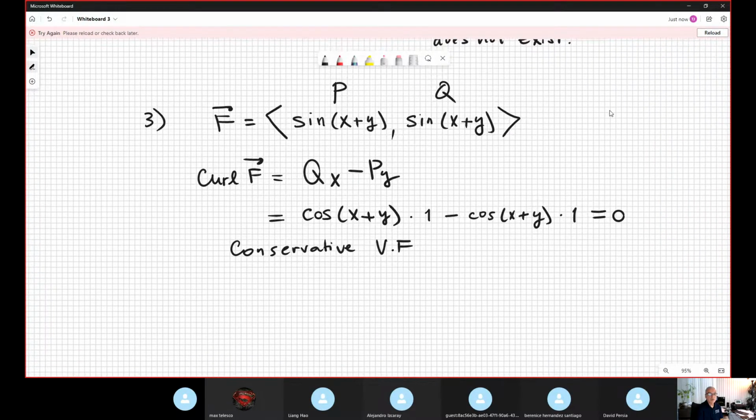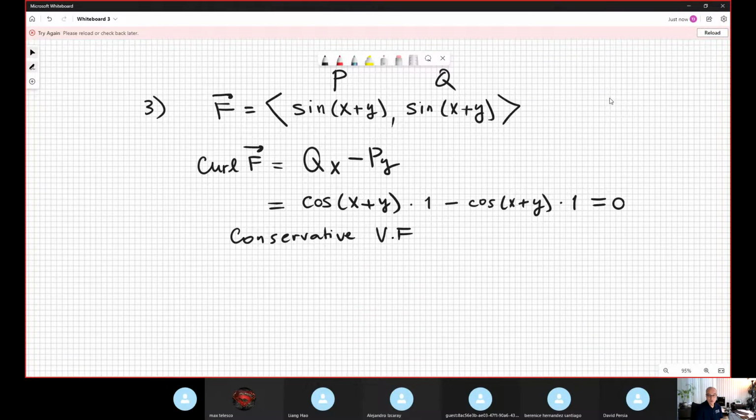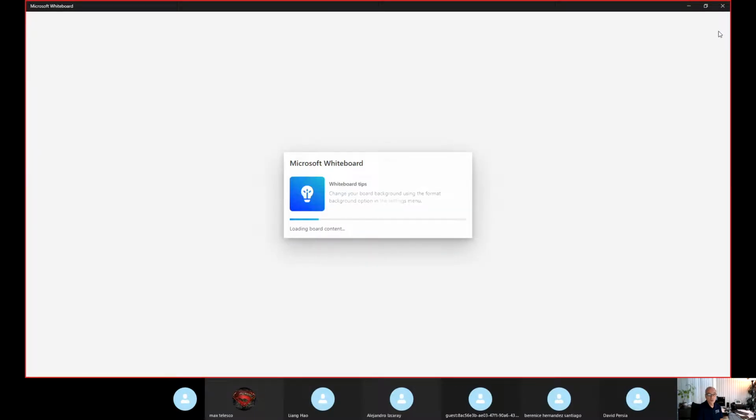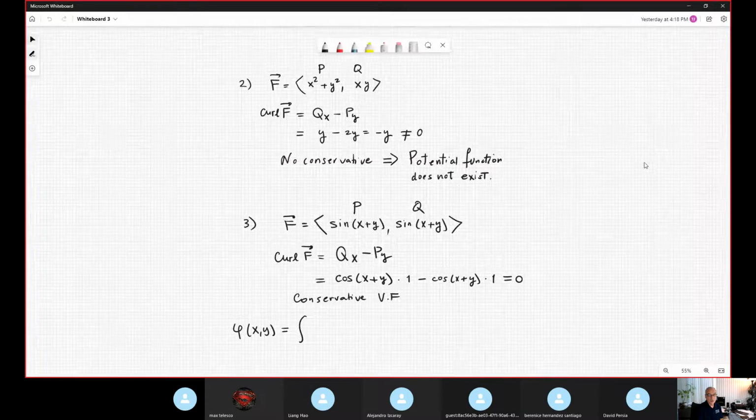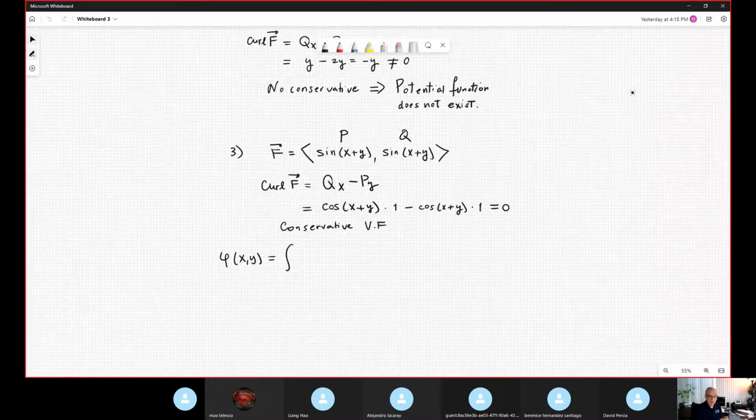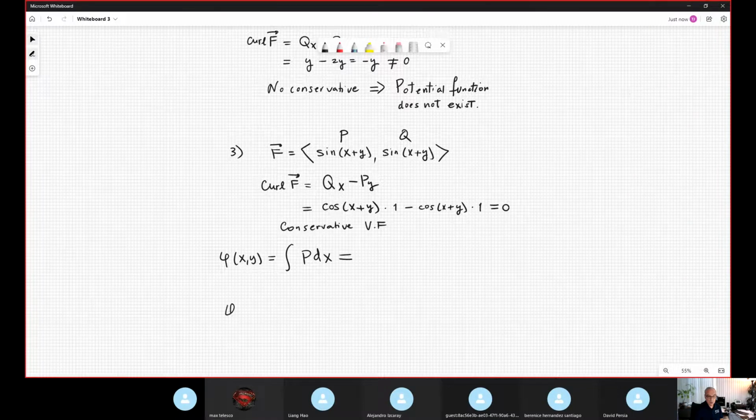How do you find it? You compute the anti-gradient. So you take the components P and Q and integrate component by component. The potential function is equal to the antiderivative of P dx, and also the antiderivative of Q with respect to y.